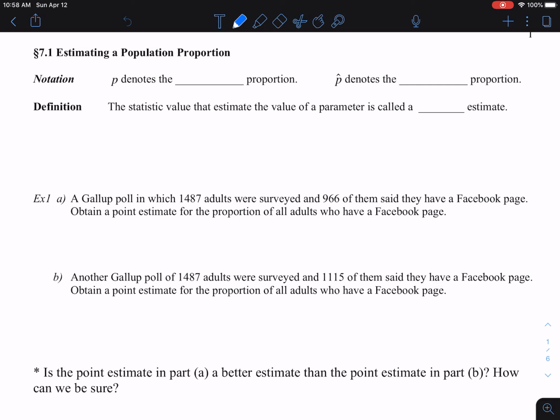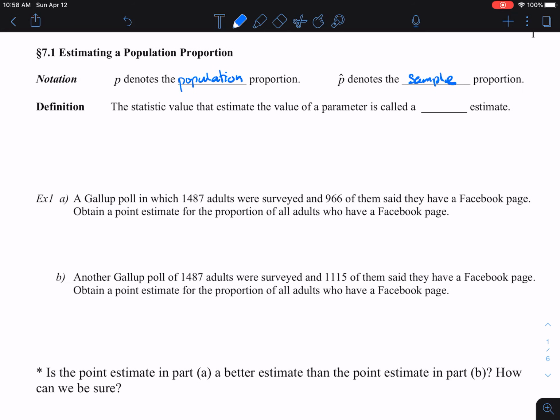P usually denotes the population proportion, and p hat denotes the sample proportion. Those are the two notations for this section that you want to be familiar with. And every time you see this notation, that means population proportion or sample proportion.